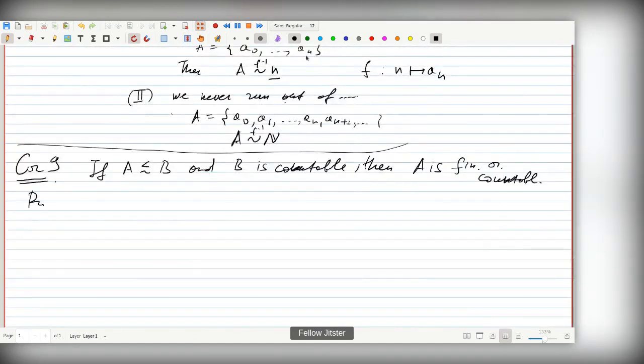How can one prove it? It is almost obvious. Look, we have that A is embeddable into B, and B is indeed countable. So what do we have?